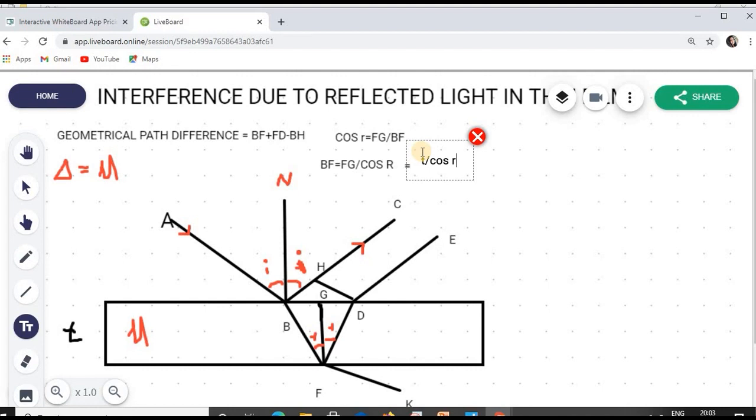So what happens if it is BF plus FD? From similar triangles, those two triangles are similar, so BF is equal to FD.